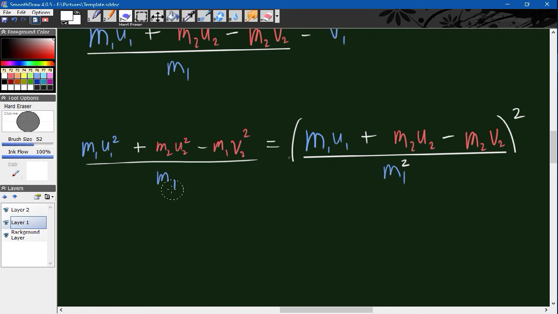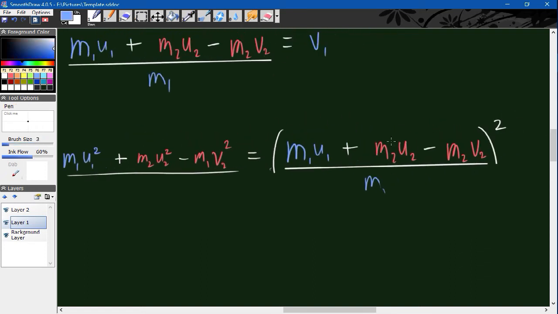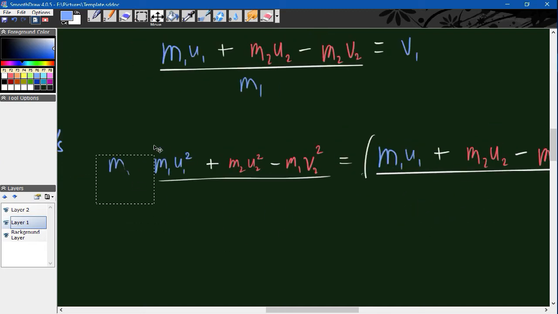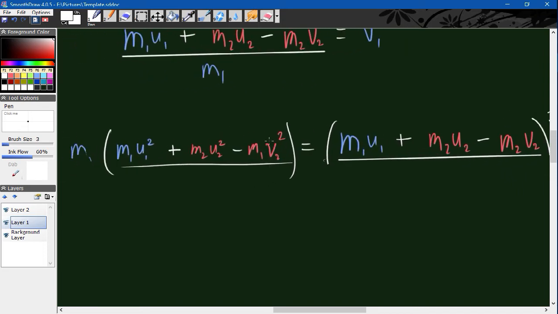We multiply each side by m1, so it's just a single m1. Then we could move this to the other side, multiply everything by that term, and then this is a really boring process, I swear.